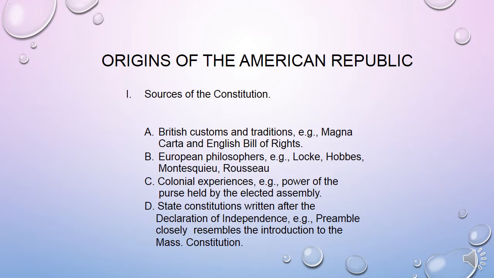So, colonial experiences. For example, the power of the purse was held by the elected assembly. So this idea that the assembly can collect and spend money for the common good. And state constitutions written after the Declaration of Independence, for example, the preamble closely resembles the introduction to the Massachusetts Constitution.